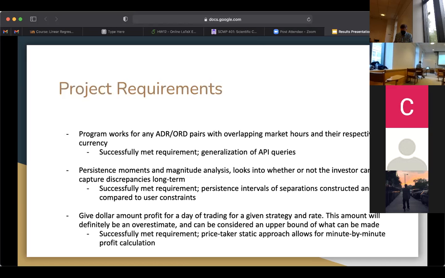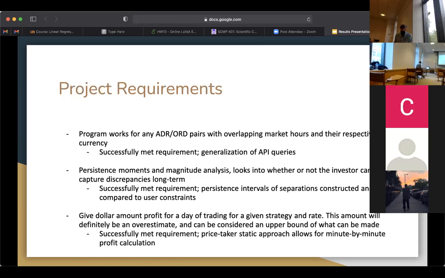The second major objective was to look into persistence of moments and magnitude analysis. So that's like when a price discrepancy occurs, how long does it persist for? How severe is that price discrepancy over that period?